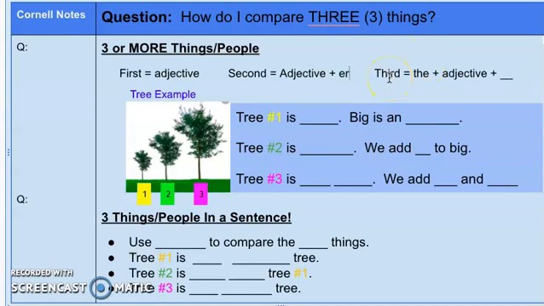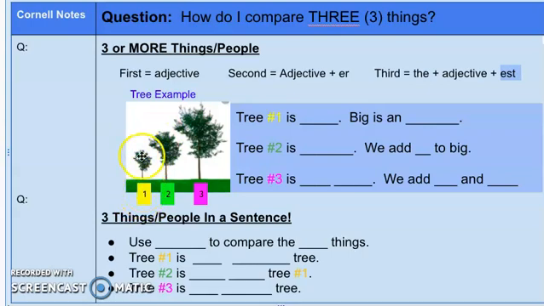Now the third, this is different. We need to add the word the. We have our adjective like big, and then we add est, E-S-T. Let me show you. Tree number 1 is right here.